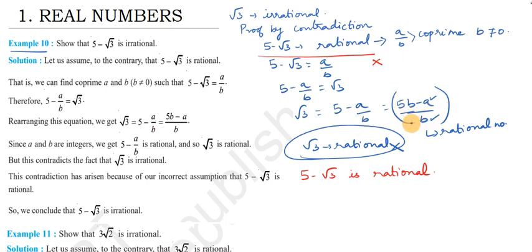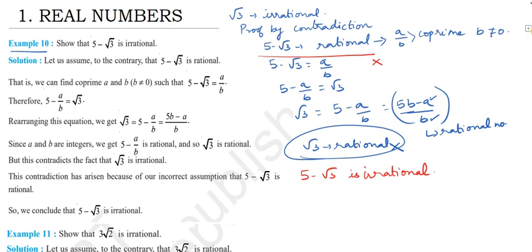This 5b minus a by b will also be a rational number, as a and b are integers. Then root 3 would be equal to a rational number, which can never happen. So 5 minus root 3 is irrational. This is our example 10.